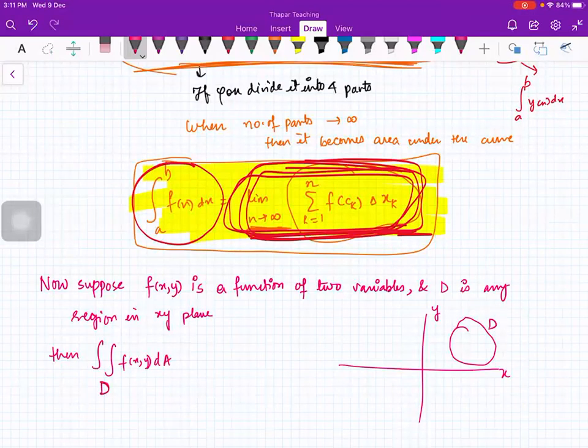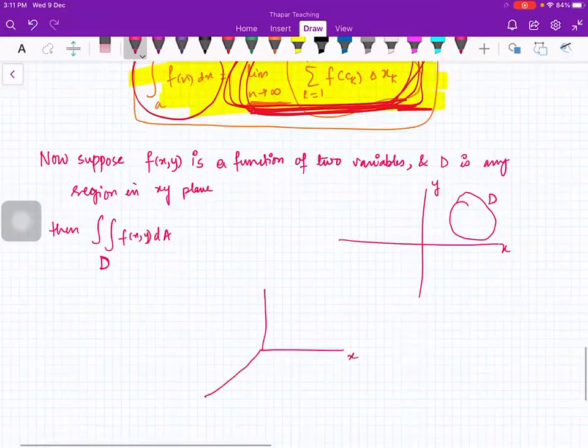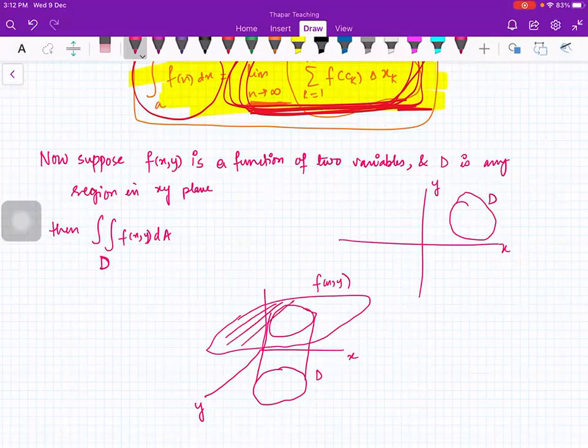Double integral means that you have to integrate with respect to x also, with respect to y also. So you have something like this. This is your region D. Here is your function f(x,y). So somehow you are computing this volume, which is, this is the surface, f(x,y) is the surface. What you are doing over the region D is area into the height.